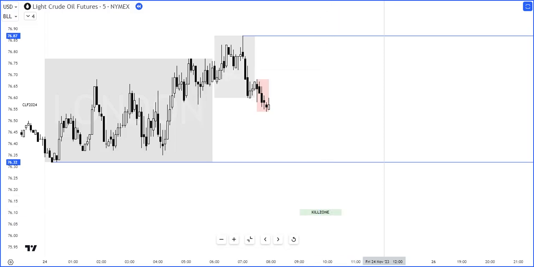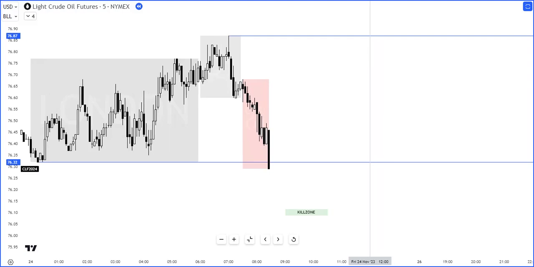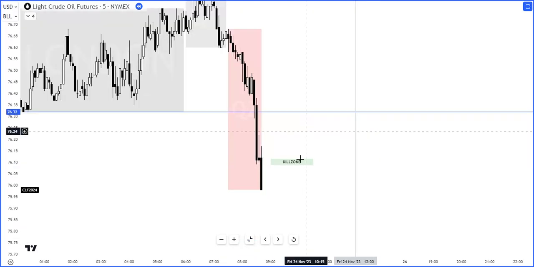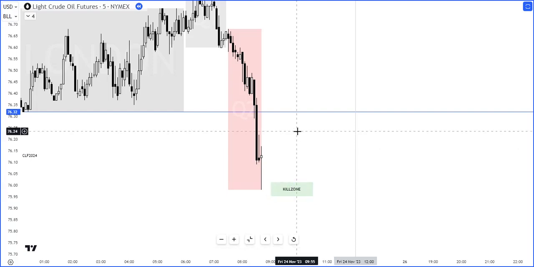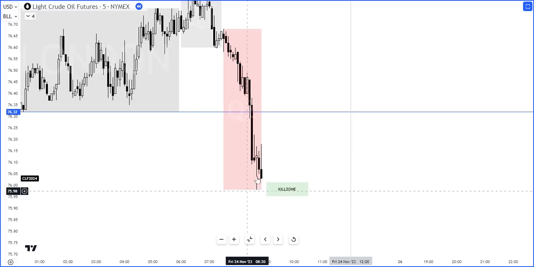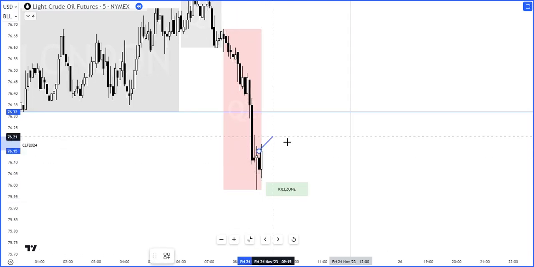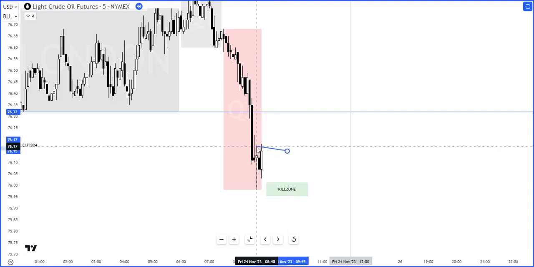Now let's see how price books. Price draws lower. Right now, we'd want to see displacement. Price closes above, below. So this right here could be a potential shift in market structure.